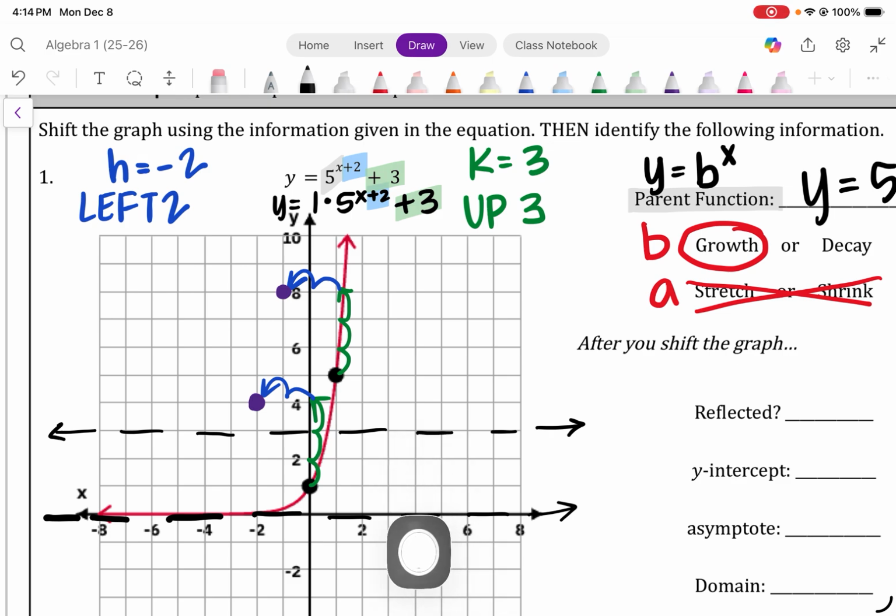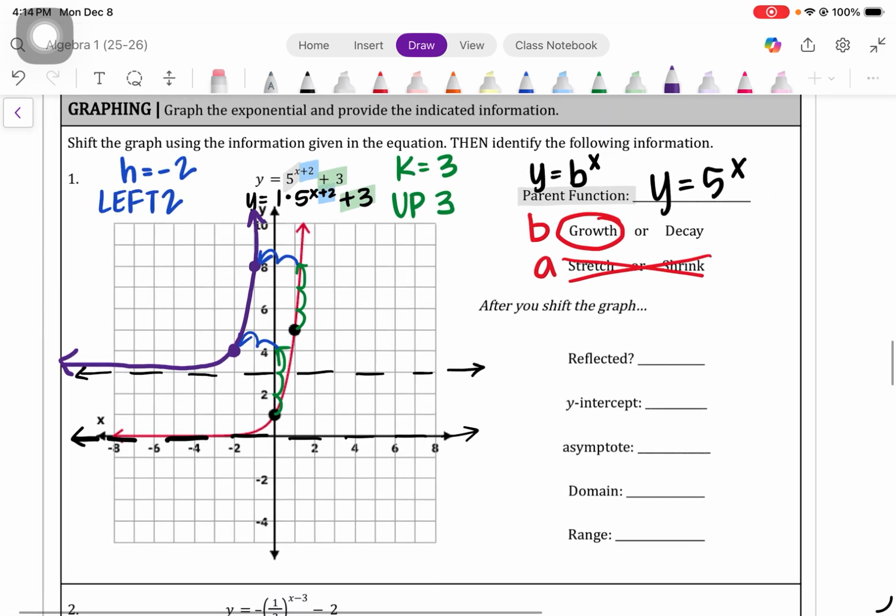So my asymptote moved from 0 also up to 3. So our k is not only just an up shift, it also tells us what our asymptote is, which is pretty cool because if we move our graph up, our asymptote goes with us. So when I graph my new line, I have to make sure that I do not go past my asymptote, which is now at a positive 3.